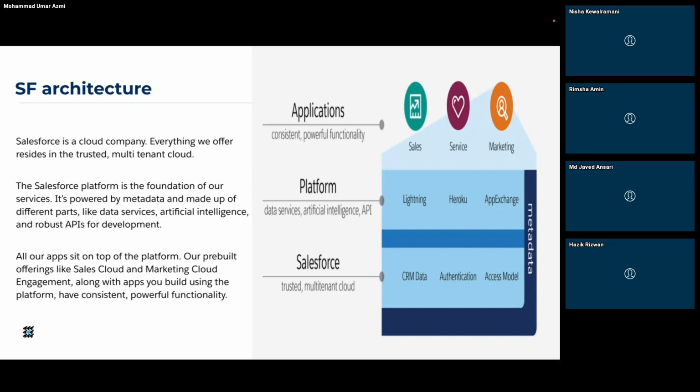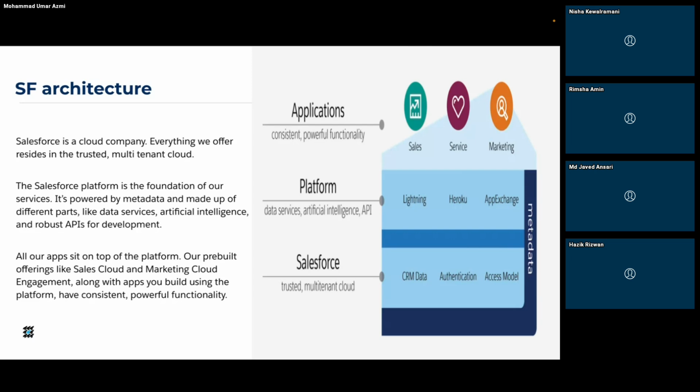If you see this diagram on the right side, in the very lower layer you'll see the trusted multi-tenant cloud structure, where we have all the CRM data, the authentication methods to access that data, and the access model to it.